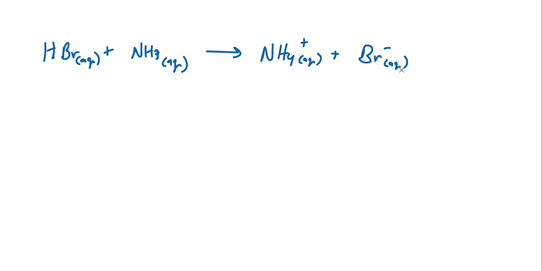Okay, so what's the acid here? Well, look and see where the hydrogens went. Each of these have hydrogens, but NH3 becomes NH4, so it ends up gaining a hydrogen, right? So if it's a hydrogen ion acceptor, it is the base in the reaction.